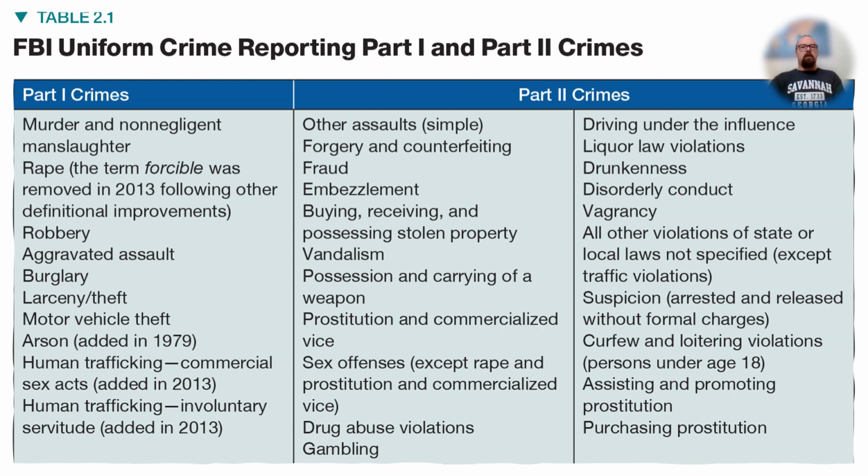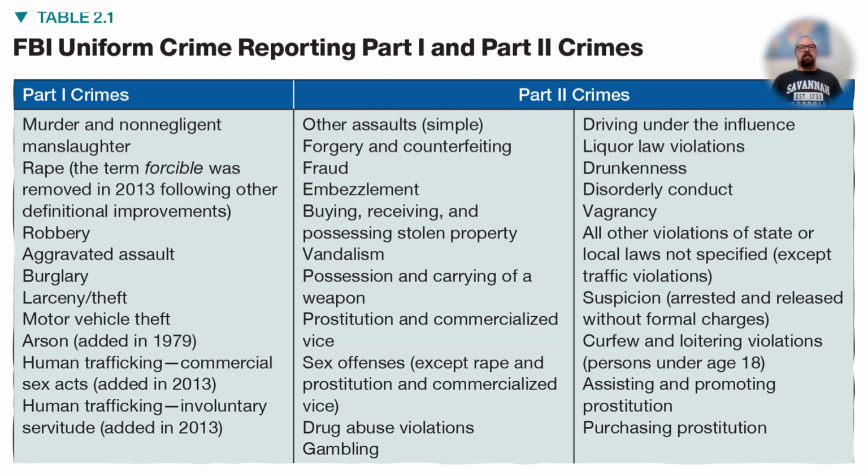So here is the table from your book. And this lays out all Part 1 crimes and Part 2 crimes from the UCR. This is a fantastic tool whenever trying to understand the UCR. Remember, Part 1 crimes are your more serious crimes.